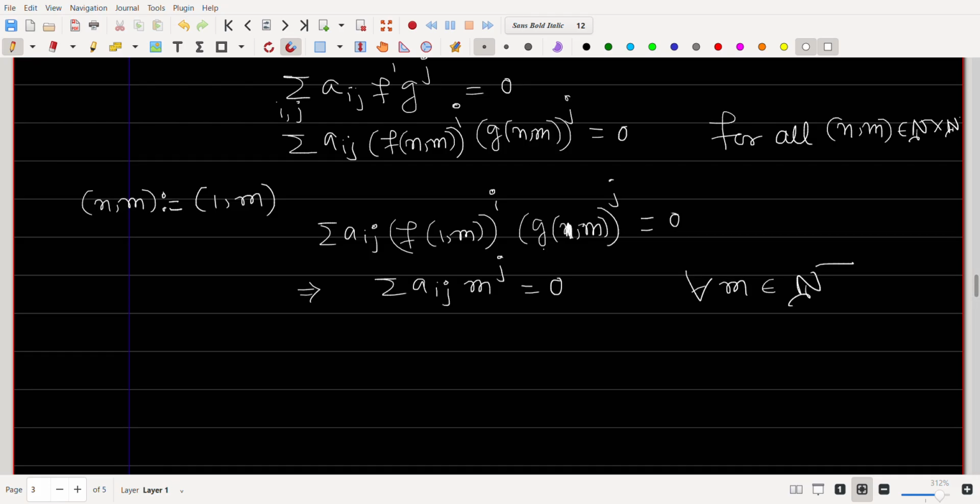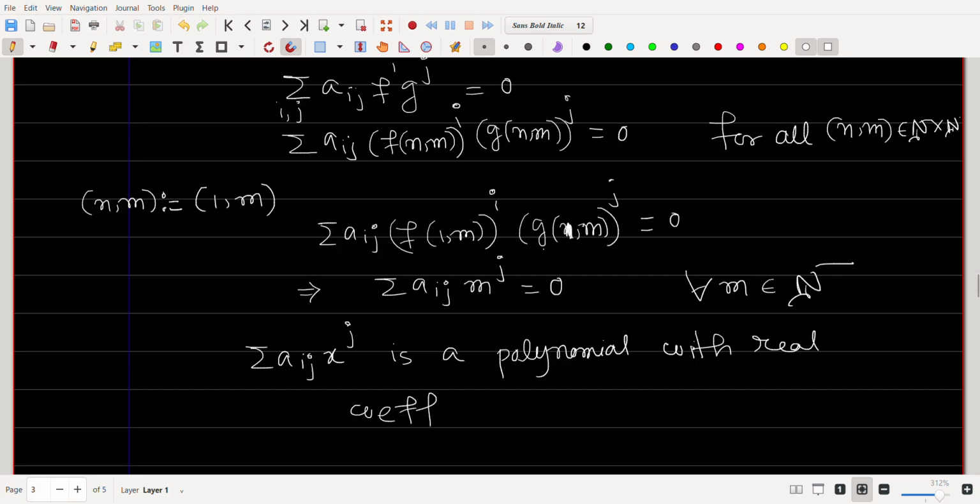Now see, this sum of a_ij x^j is a polynomial with real coefficients, right?